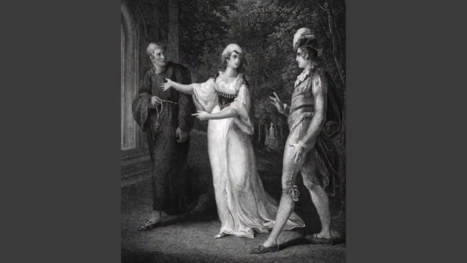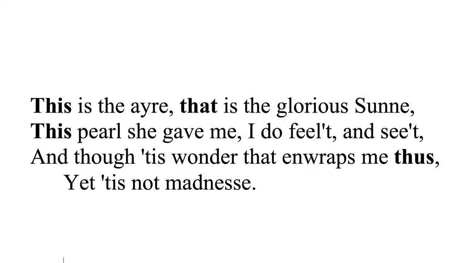This and that. Sebastian in Twelfth Night has the famous this and that speech. After going into the house with Olivia, and again, Shakespeare never says what happens in the house, he comes out, he looks at the open sky and he says, this is the air, that is the glorious sun.